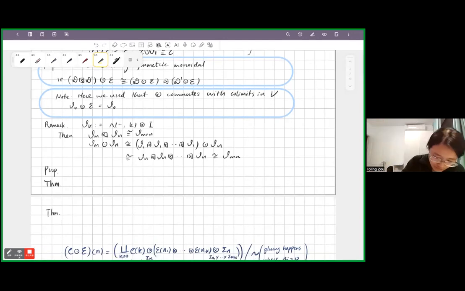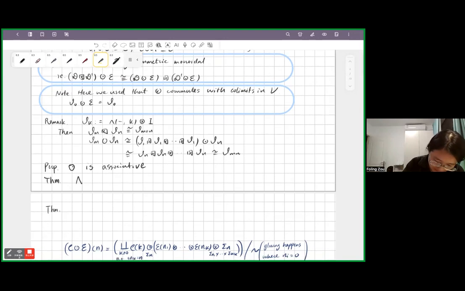Okay, so using this proposition, we can prove that circle dot is associative, and moreover, this lambda sequence under the unit with the circle dot with the I1 forms a monoidal category.